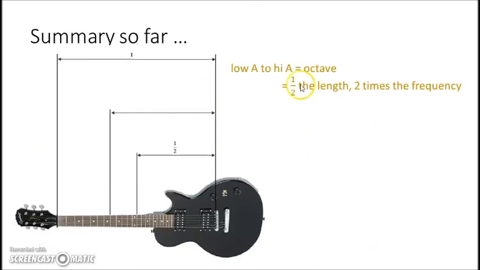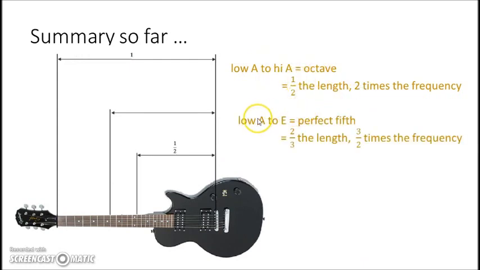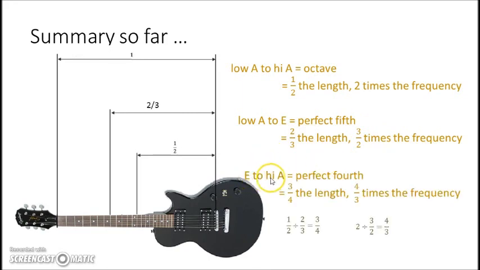So in summary, from A to A, you've got an octave that's half the length, twice the frequency. From A to E, that's a perfect fifth, 2/3 the length, 3/2 the frequency. From E to A, that's a perfect fourth, that's 3/4 the length, 4/3 the frequency. And if you look at the other intervals, you'll get some equally as interesting fractions.